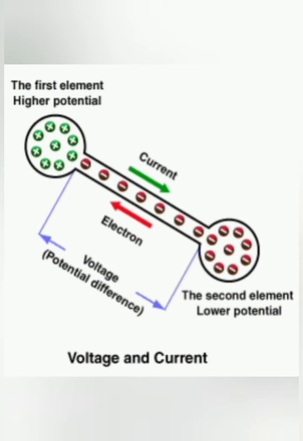The fourth one is potential difference. What is meant by potential difference? The difference in the potentials of two charged bodies is called potential difference. In this picture we have to clearly understand +5 and +2.